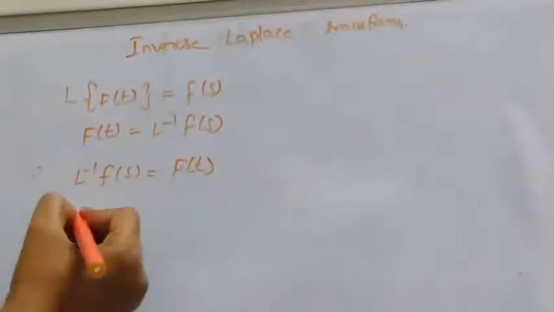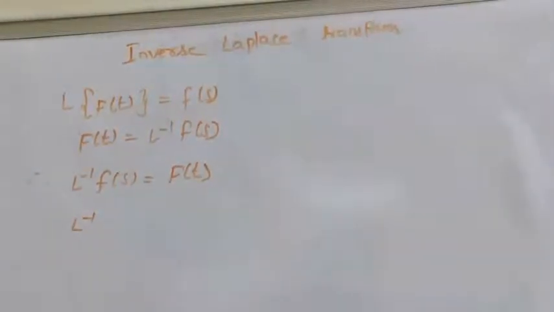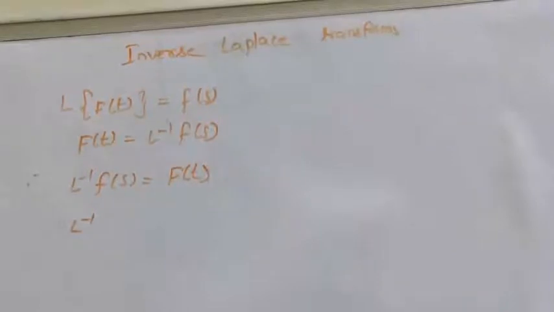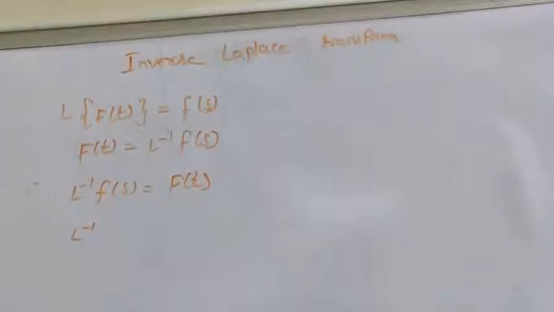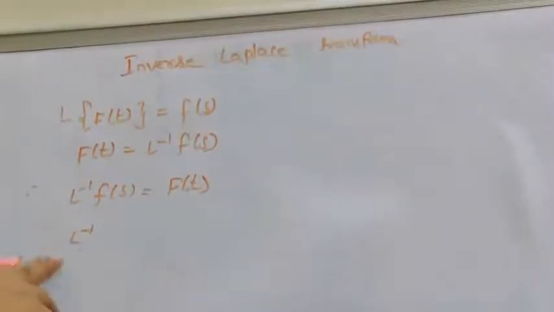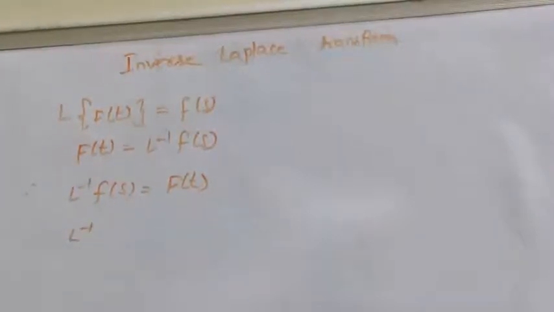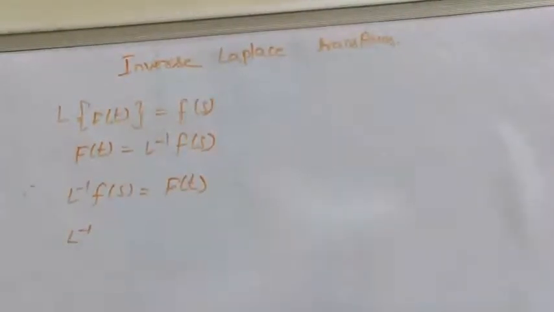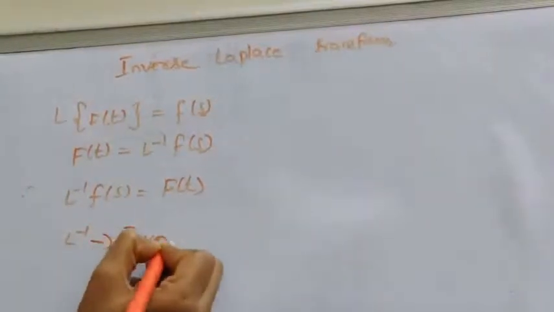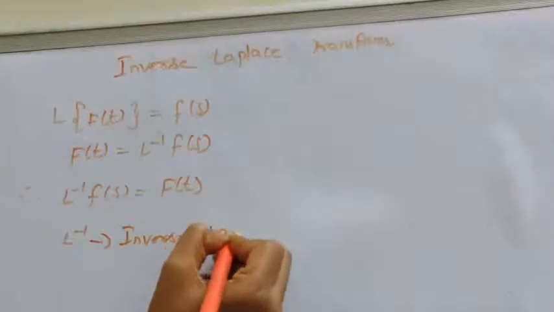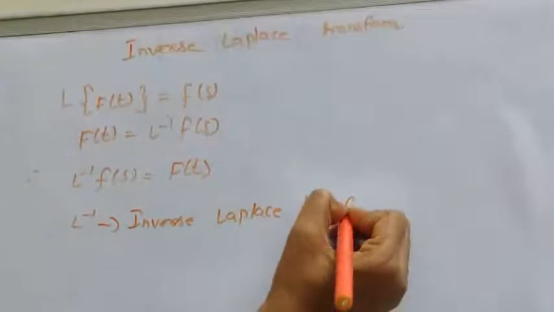Here L inverse is called the inverse Laplace transform operator. In Laplace transformation, L is nothing but the Laplace transformation operator, so here L to the power of minus 1 is nothing but the inverse Laplace transform operator.